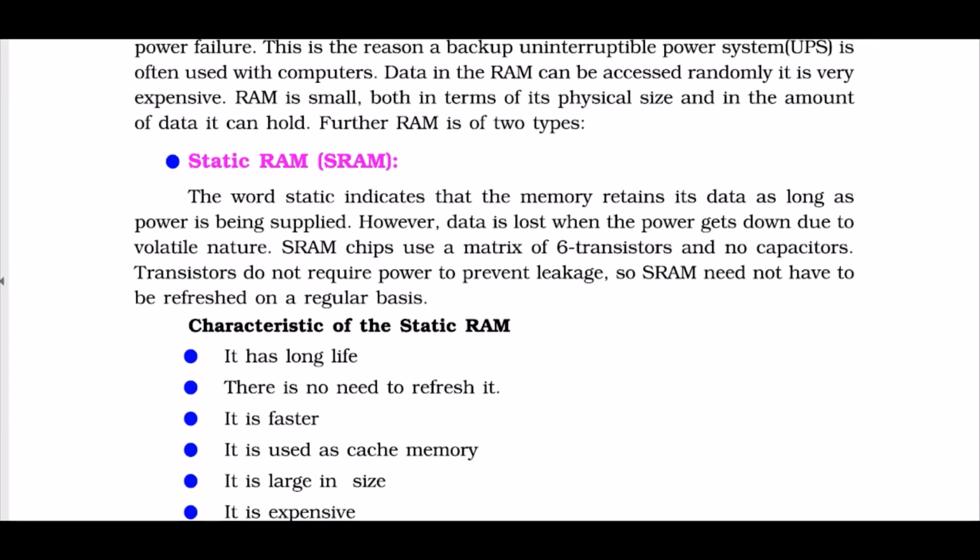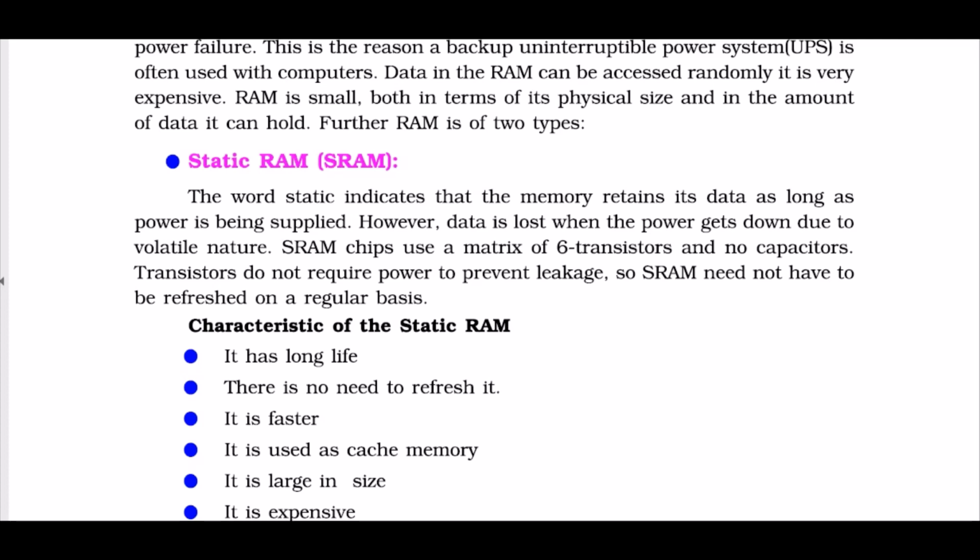SRAM, static RAM. Memory retains its data as long as the power is being supplied. Very important: the data is stored as long as the power is supplied. So when you switch off the power, the data will be lost.